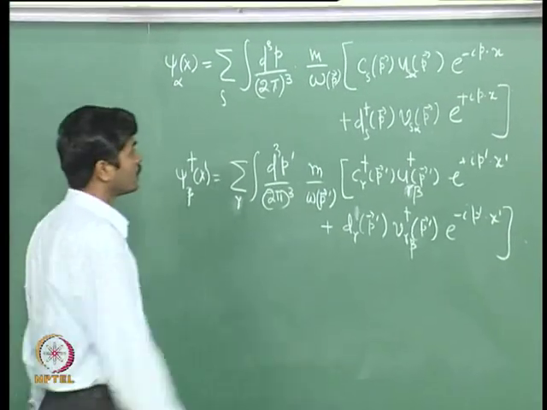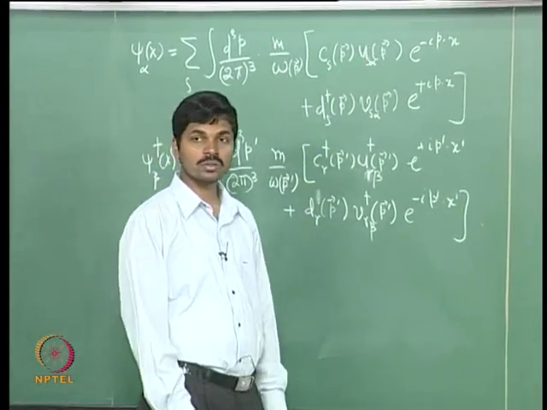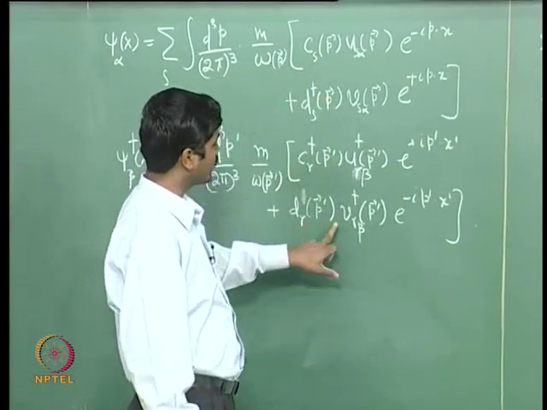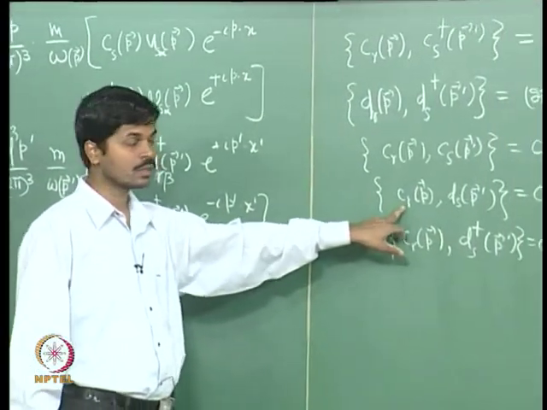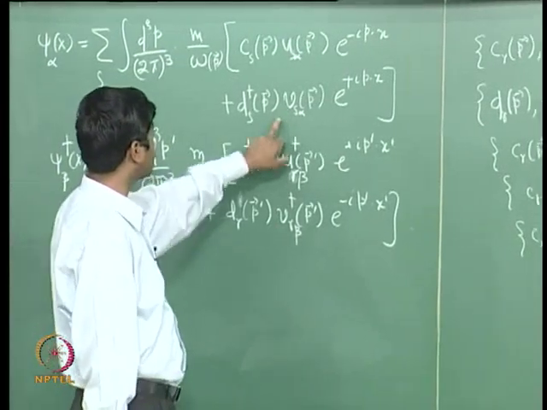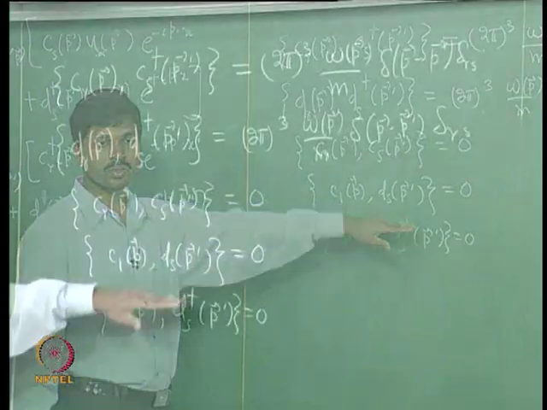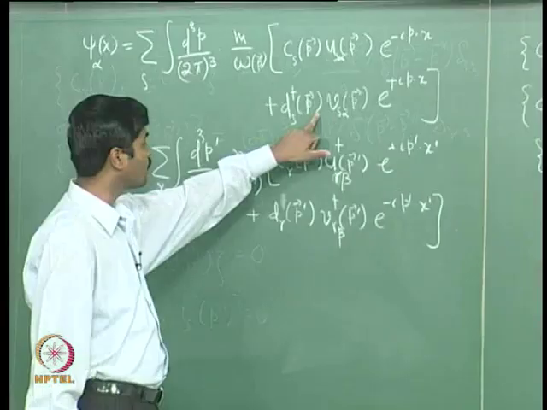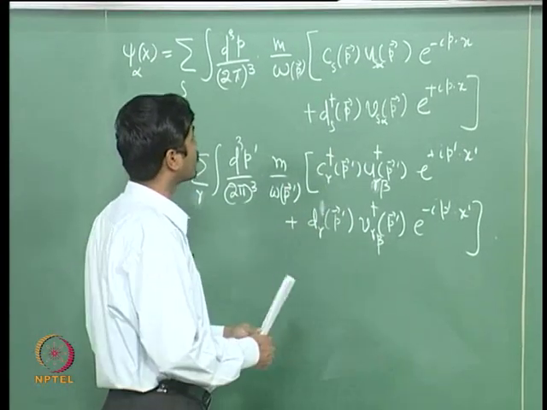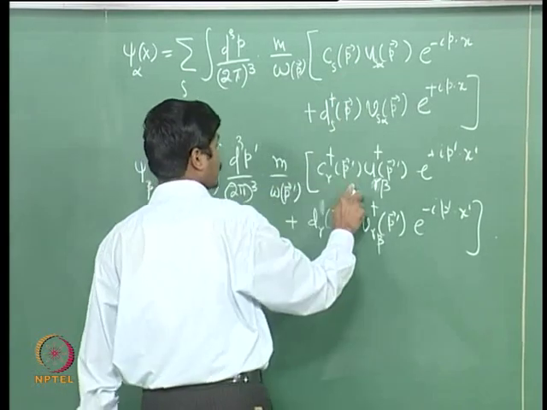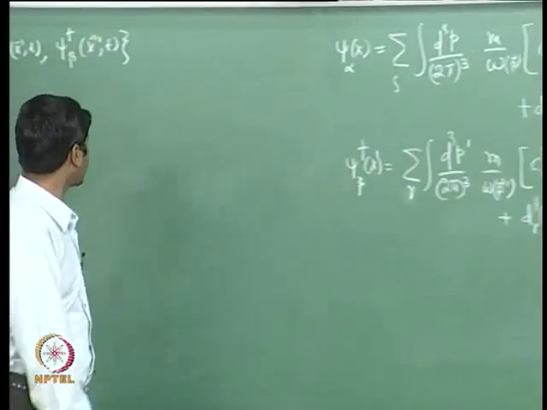The first term with this will give some anti-commutator which is non-zero. Then the anti-commutator of this term with this term trivially vanishes because of this relation here. Similarly, the anti-commutator of this with this will vanish because of the Hermitian conjugate of this equation, and then the anti-commutator of this with this is not going to vanish. So these are the terms which are going to survive. Let us look at these two terms.